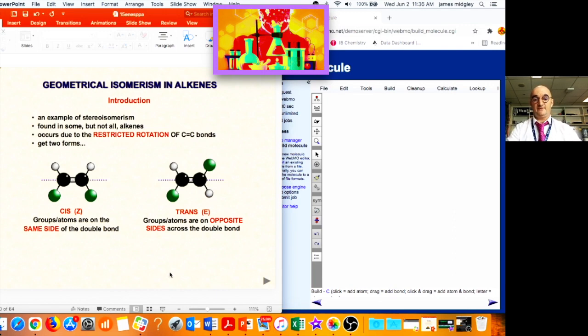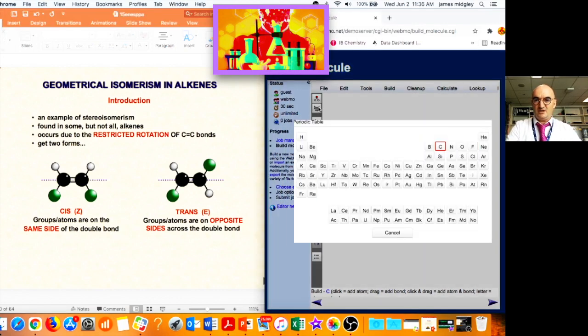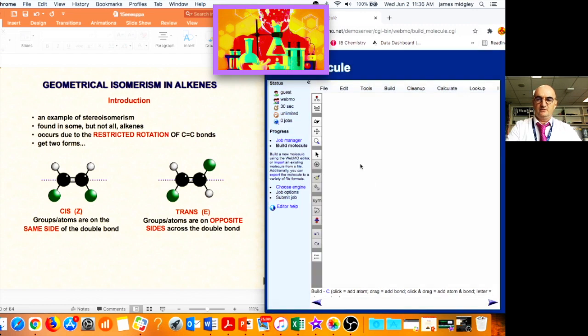Geometric isomerism is an example of stereoisomerism, and we get the isomerism because there is restricted rotation around the double bond. If you think about a single bond, just good old ethane, we spin around this sigma bond here. Don't forget these are all sp3 hybridized in ethane, so it has free rotation, it can spin around this bond, no problem.